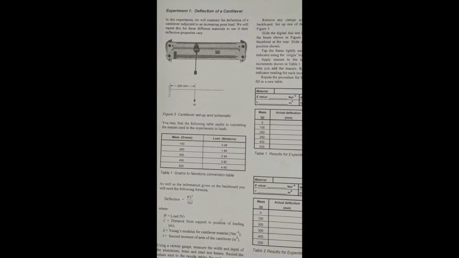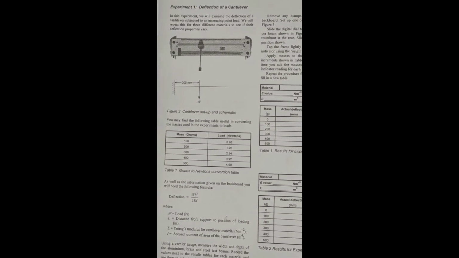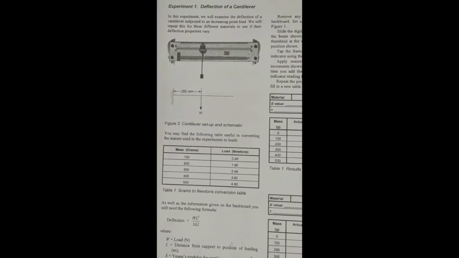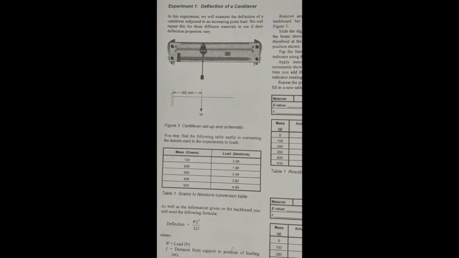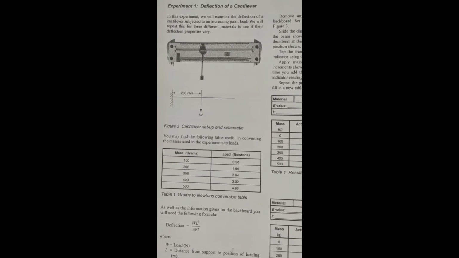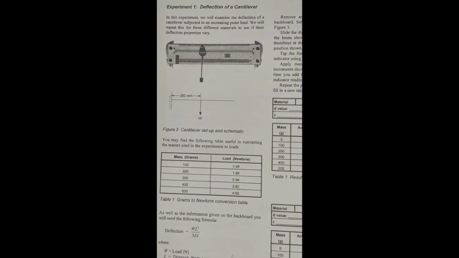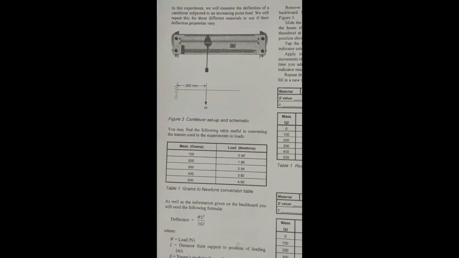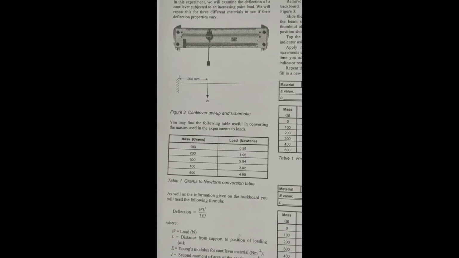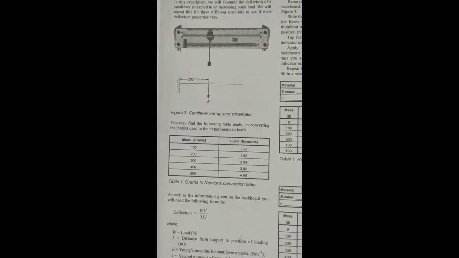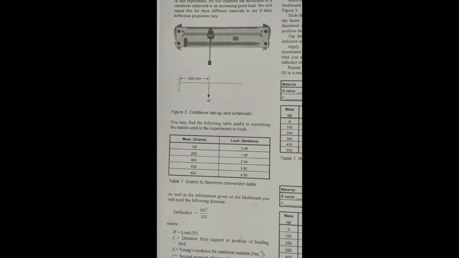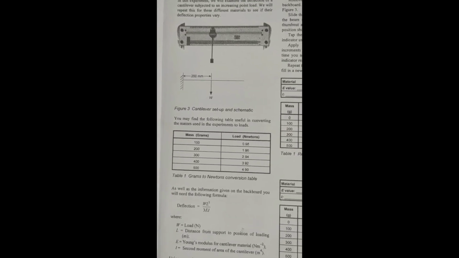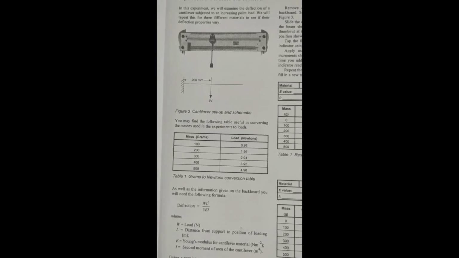This is our first experiment, deflection of a cantilever. As you have seen in the manual image, we will fix the cantilever beam. After that we will put the digital micrometer at the 200 millimeter position, and the weight also we will put at that point.